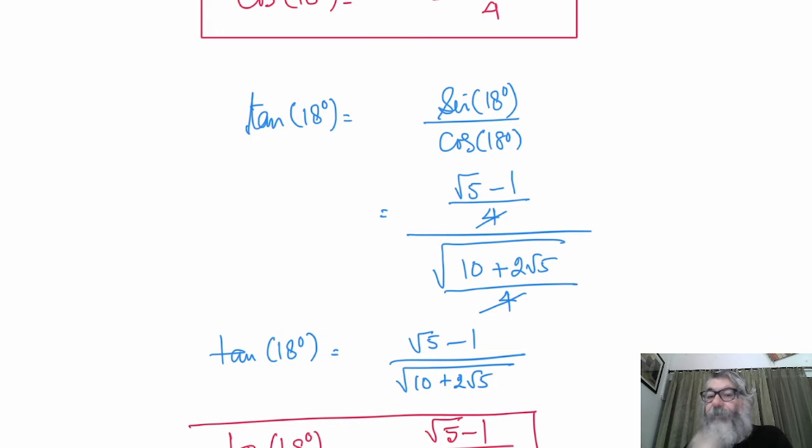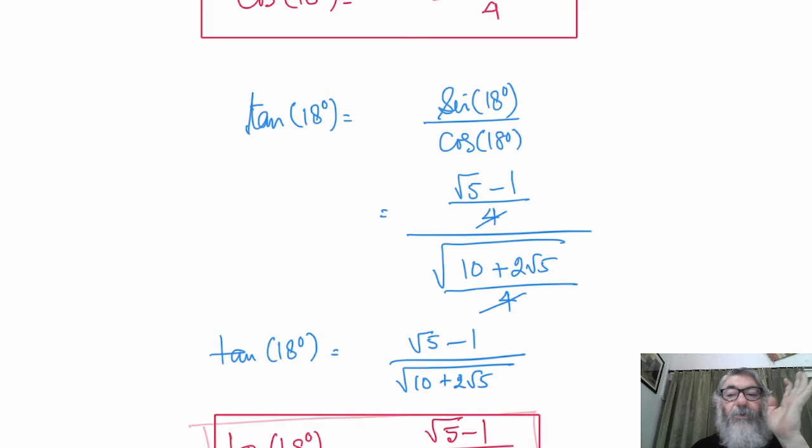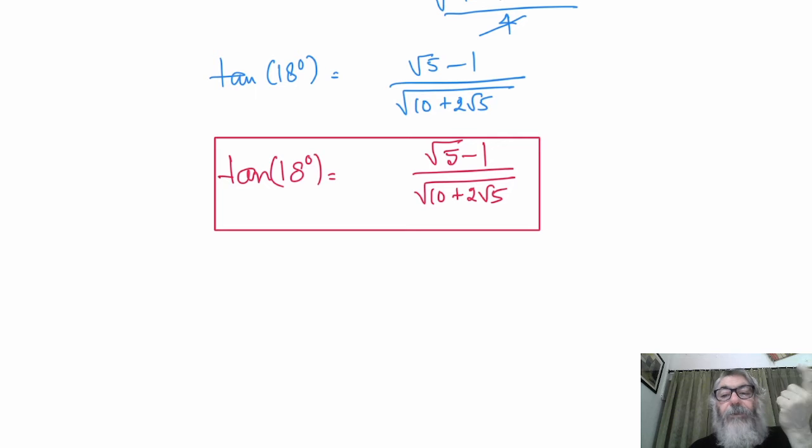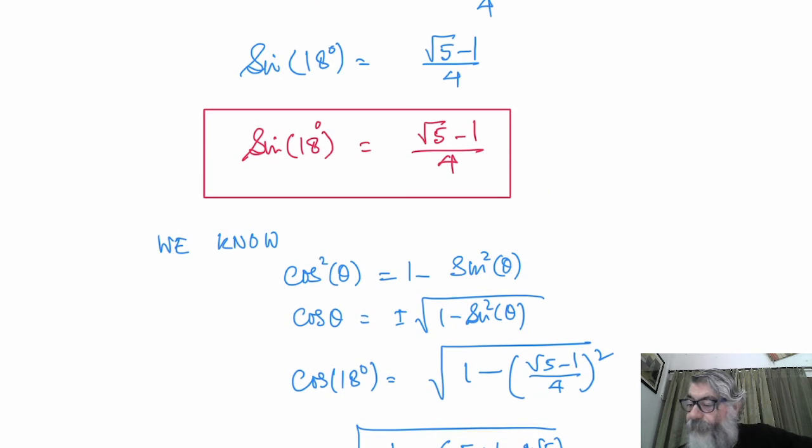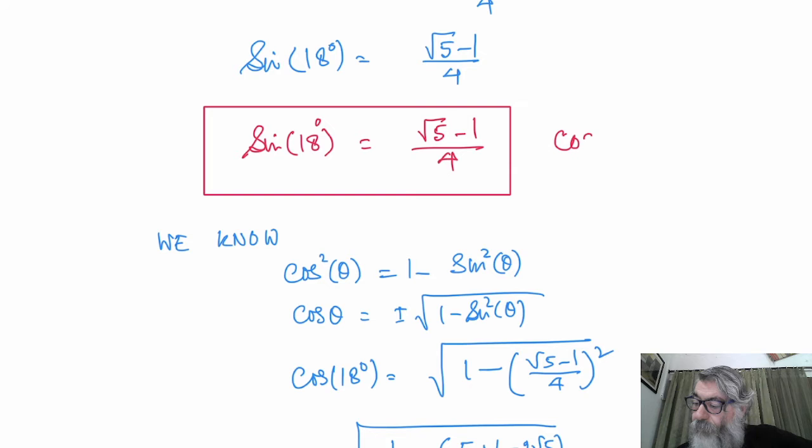Okay. So we have got sin, we have got cos, we have got tan. The opposite of sin is cosec. So cosec 18 will be 4 upon under root 5 minus 1.